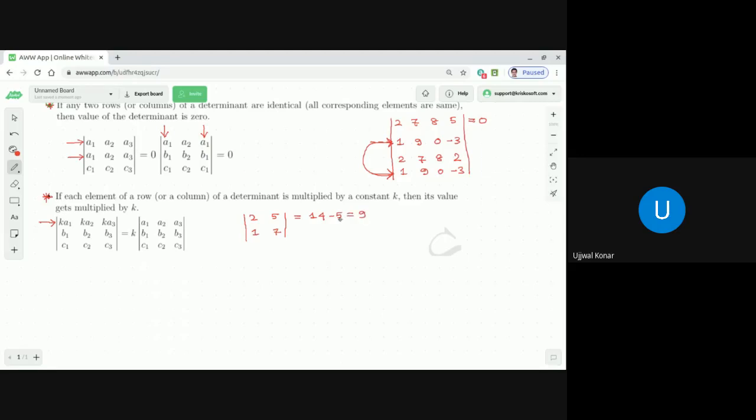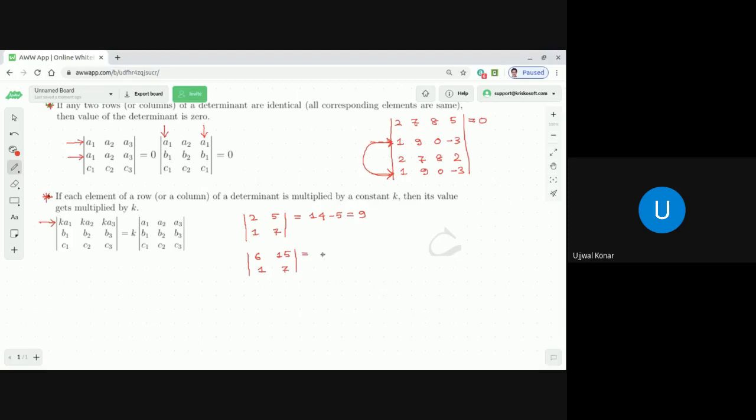Now suppose I want to multiply that first row by 3. Then what are we going to get? We get 3 into 2, 6, 3 into 5 is 15, and 1 and 7 remain the same.